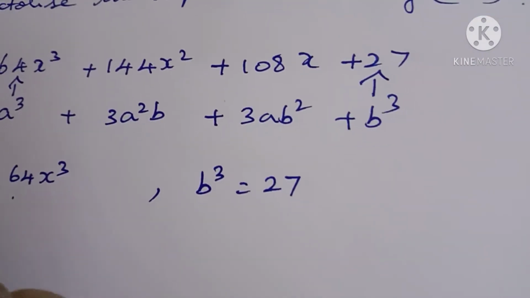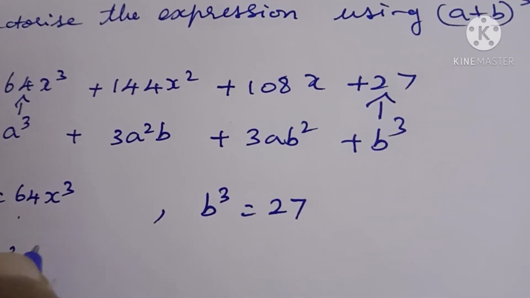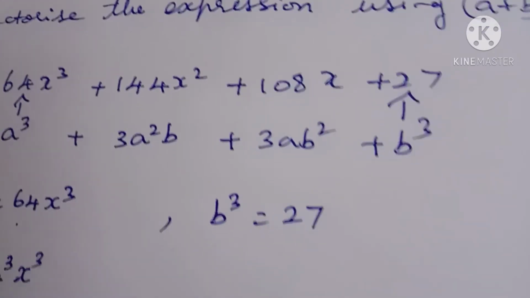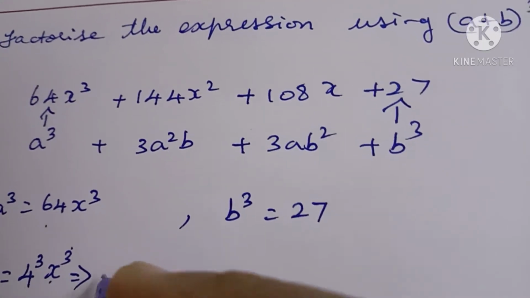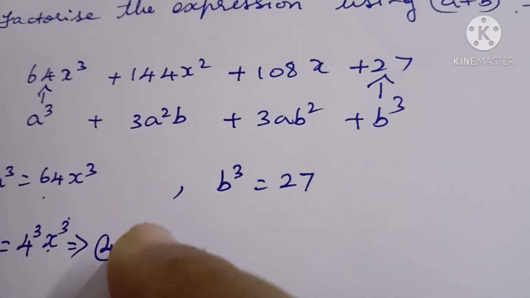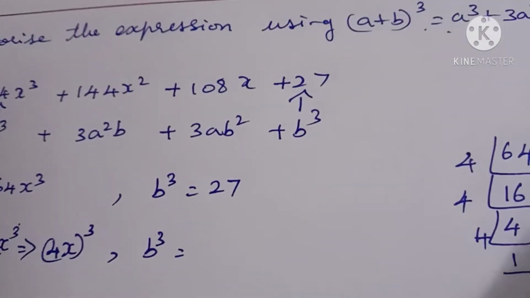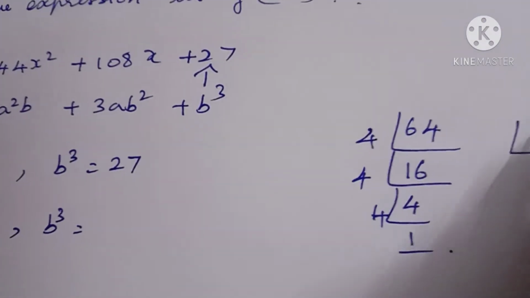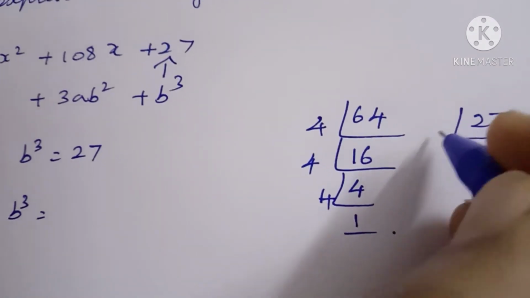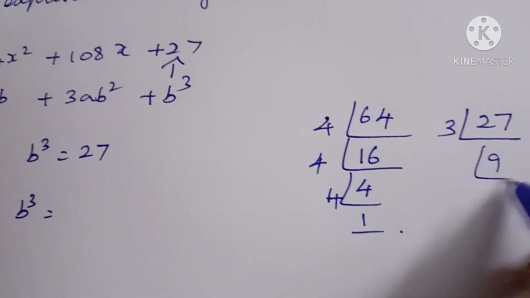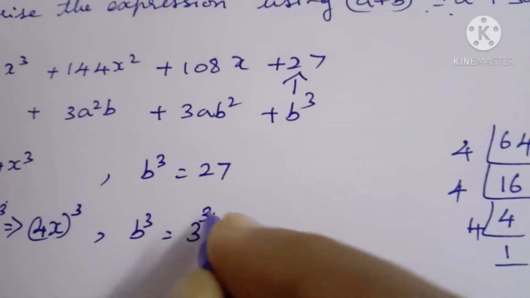Therefore, the 64 can be written as 4 power 3 x power 3, which can be taken as 4x the whole power 3. The same way 27 can be written in the perfect cube number. 3 9s are 27, 3 3s are 9, 3 1s are 3, 3 power 3.